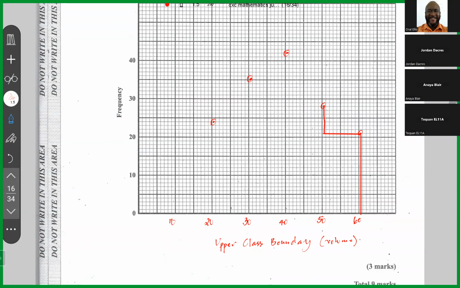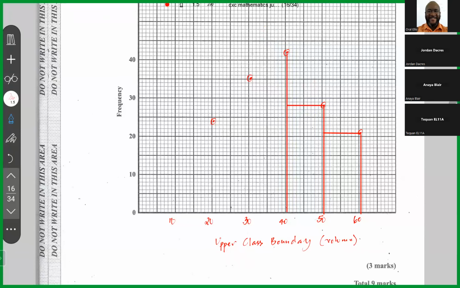Patiently and carefully draw your histogram. All right, so you must know what a histogram looks like. You must know how to draw the histogram, what values are needed to draw your histogram. All of this must be known before going into the exam.